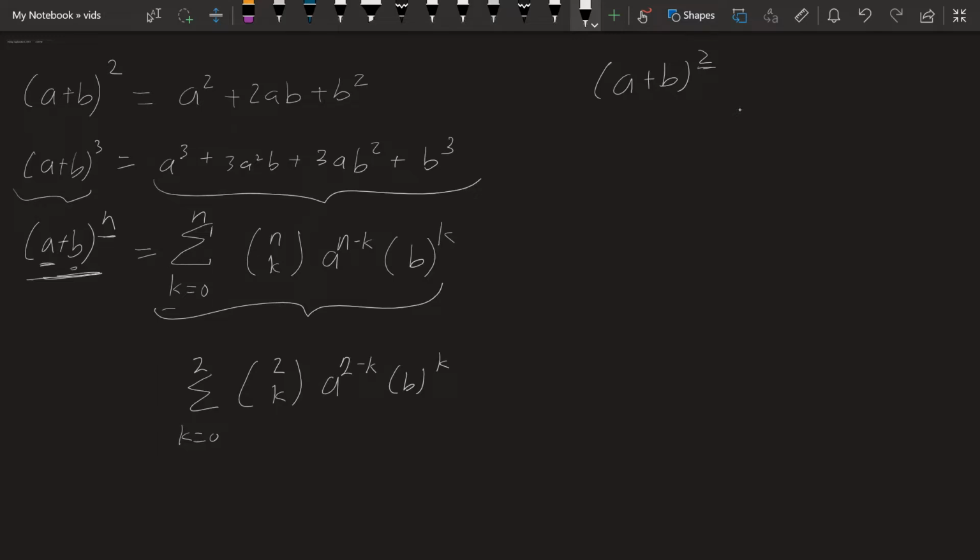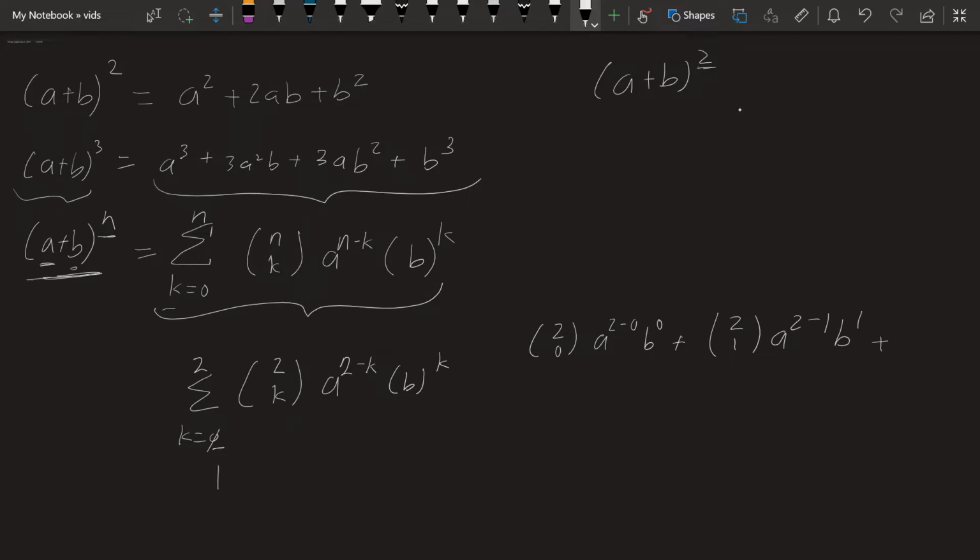So let's start. K goes from 0, so the first term is going to be 2 combination 0, a to the power of 2 minus 0, b to the power of 0, right? Plus. Now k becomes 1, and we're just going to rewrite a to the power of 2 minus 1, b to the power of 1.